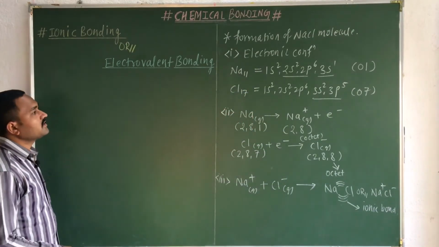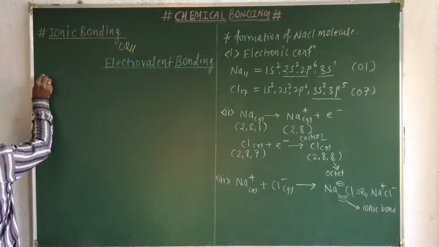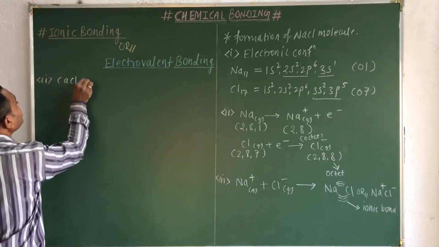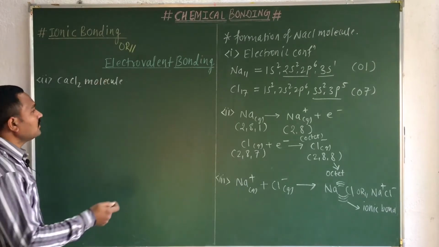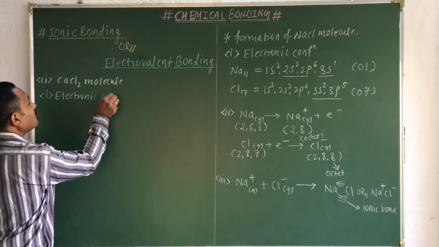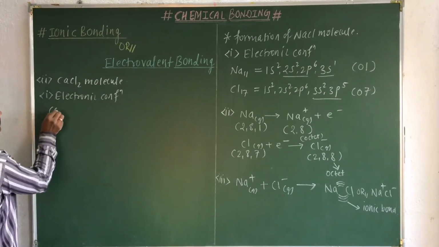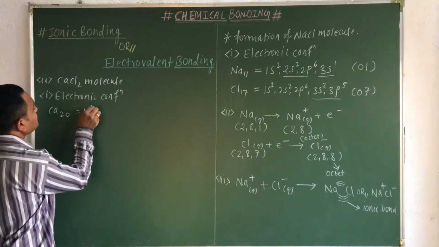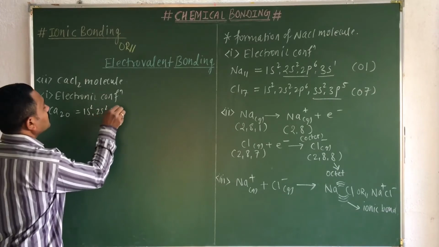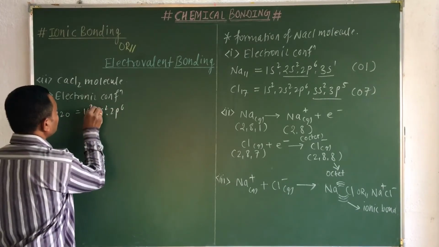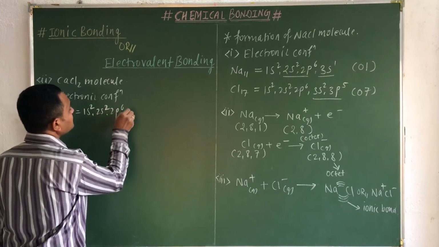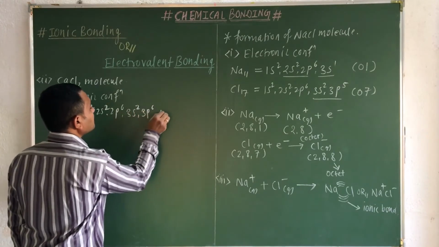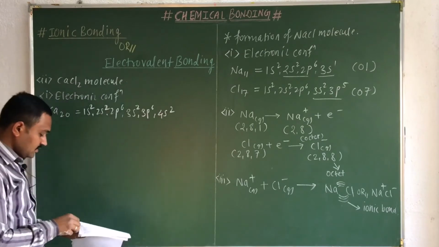Let us consider the second example, that is the formation of your calcium chloride, CaCl2, molecule. Now let us consider the electronic configuration. Calcium, atomic number 20, has electronic configuration 1s2, 2s2, 2p6, 3s2, 3p6, 4s2.